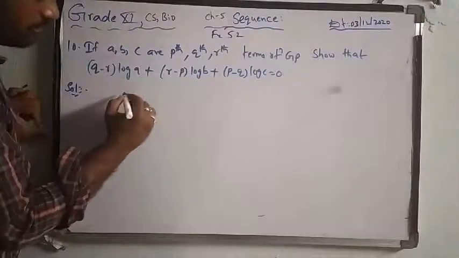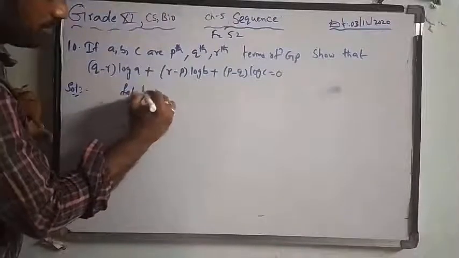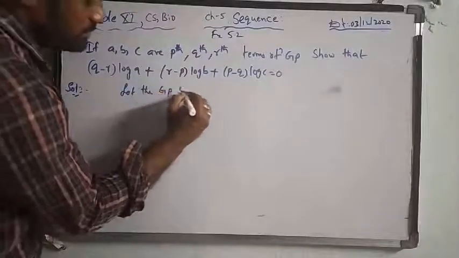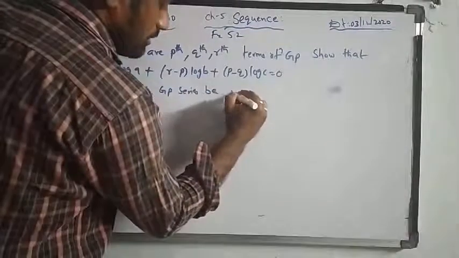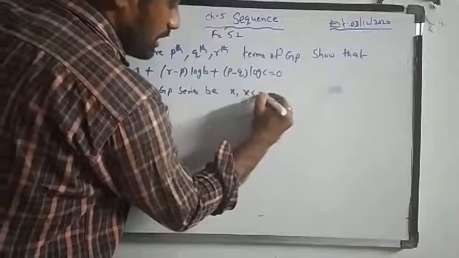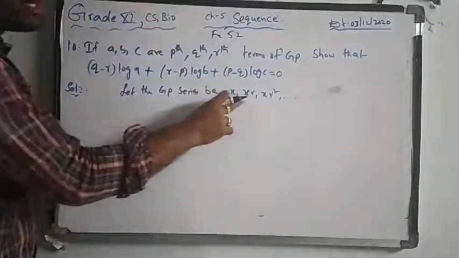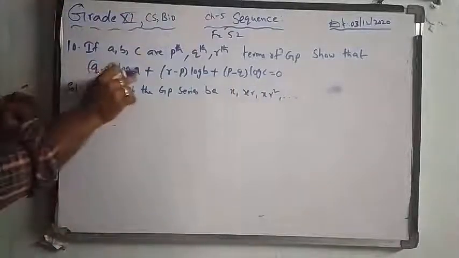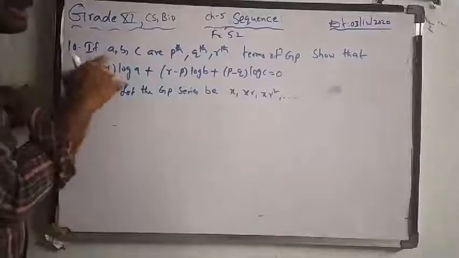So let us assume that our GP series is x, xr, xr square, and so on. Why are we not taking a, ar, ar square?